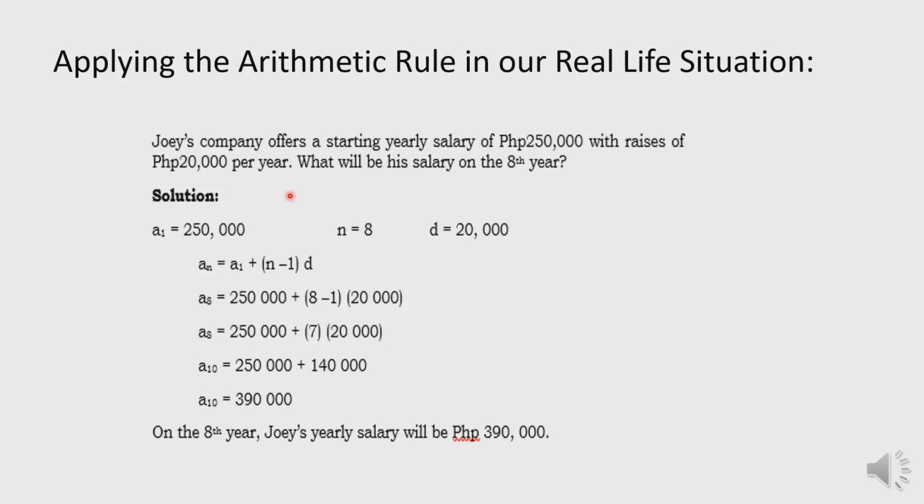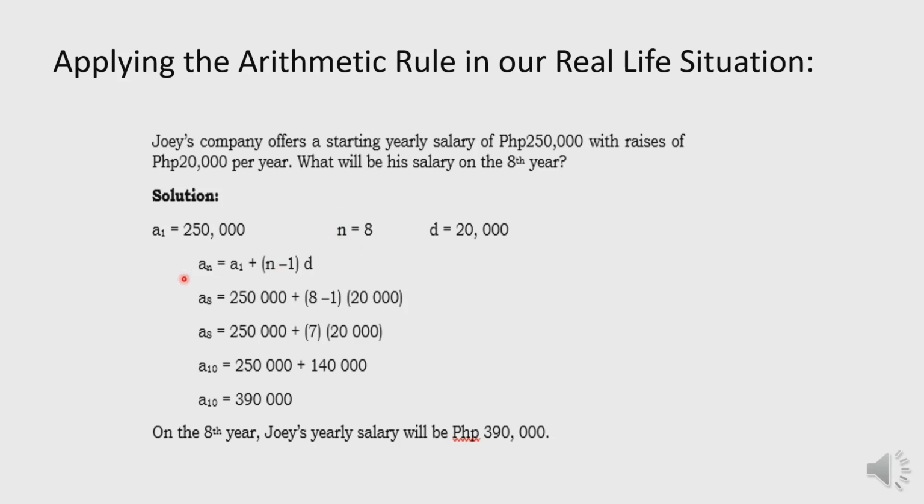As we know, we have to identify first our given figures or conditions. The 250,000 here is simply the a sub 1. And the 20,000 pesos for the raise every year is the common difference of the salary per year. Then you are looking for the 8th year, so what will be his salary after 8 years? So our n is 8.